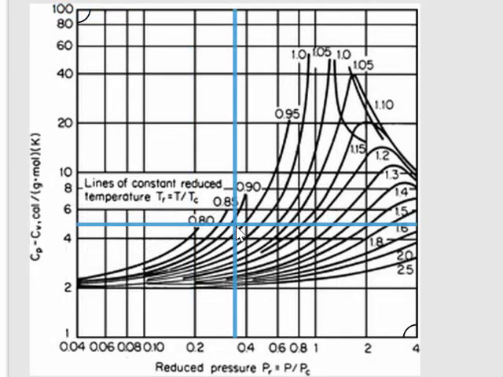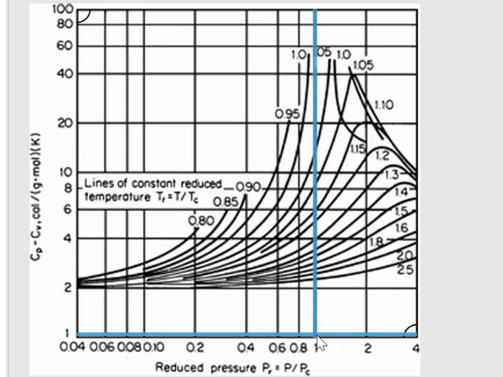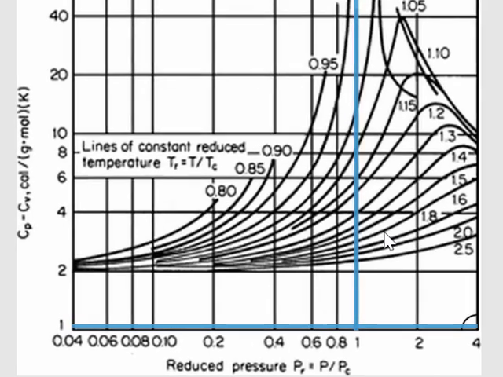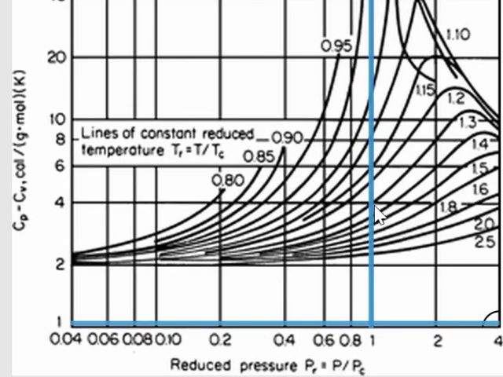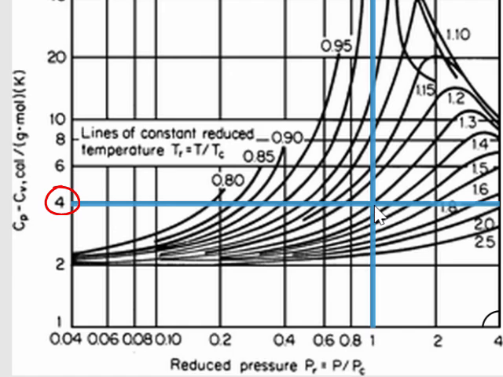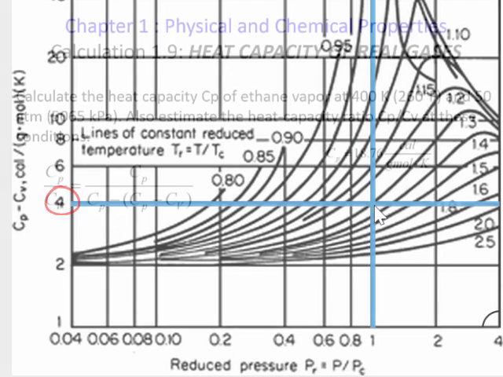The Pr value, as we found earlier, was 1.04, which is close to here. And for Tr of 1.31, we should get a value of 4 for Cp minus Cv.